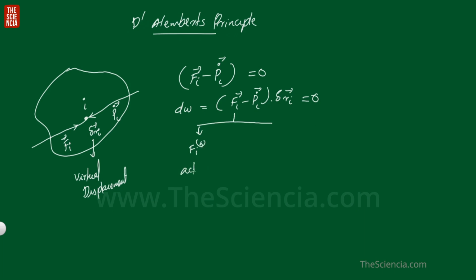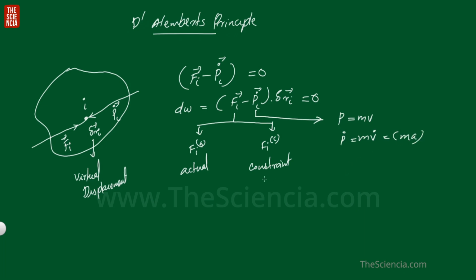And maybe it is a constraint force, that is Fi^c. Okay, and this Pi dot, that is P equal to mv and P dot is m v dot, that is nothing but ma, right?